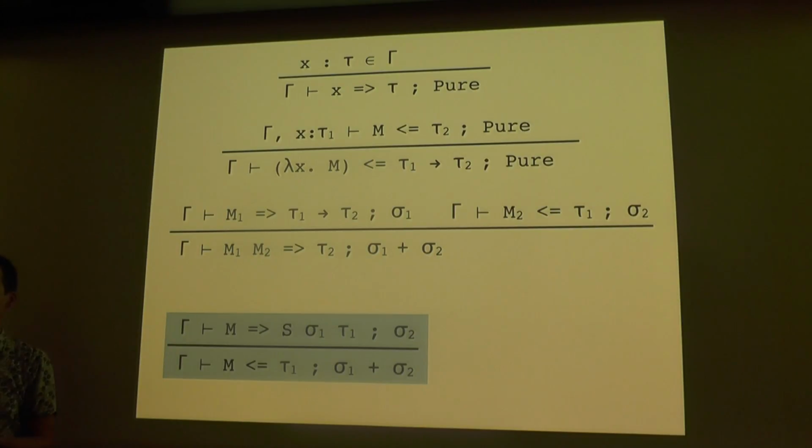GHC also does elaboration. During type checking, it inserts dictionaries to implement type classes as part of its elaboration. That's a good example. It also inserts type abstractions and type applications to produce a System F-like core language. So you start with source code and then convert to another language during type checking.